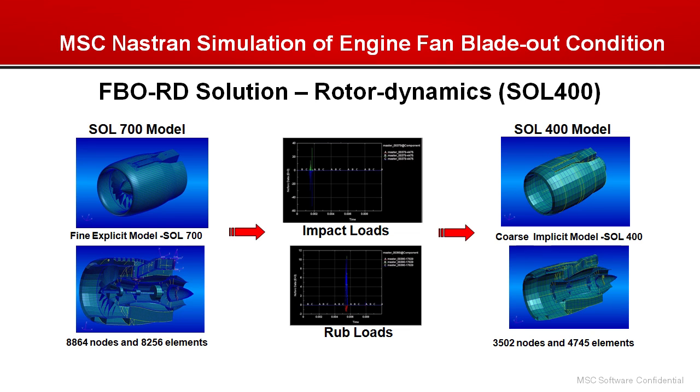SOL400 has a unique search and mapping algorithm that searches for the closest elements and nodes on the engine, and then it maps those loads to the closest elements and nodes to the load locations. This way, the rotor dynamics will have the right loads at the right location, applied at the right time. That is really the uniqueness of this solution.